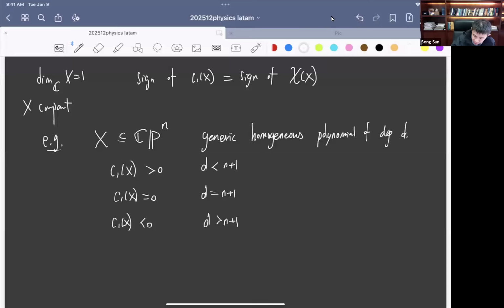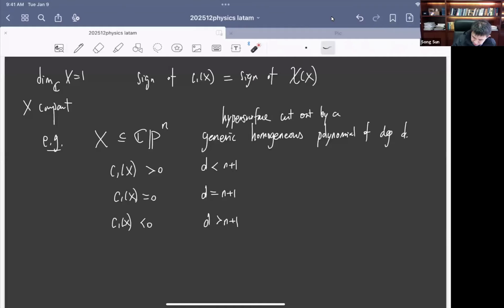So you see that this is a hypersurface cut out by a generic homogeneous polynomial of degree d.